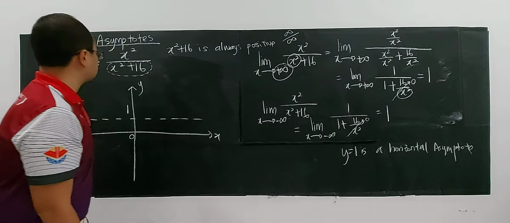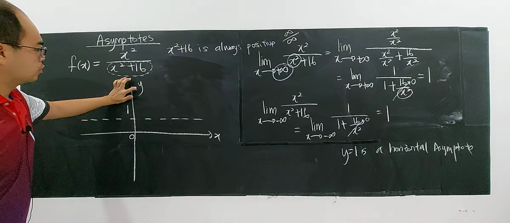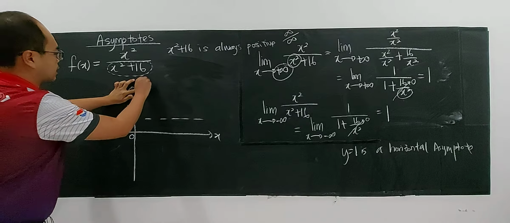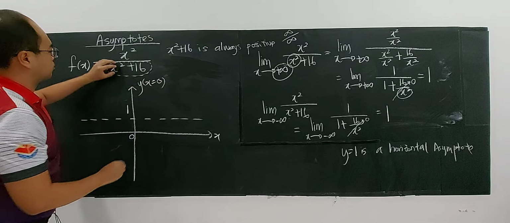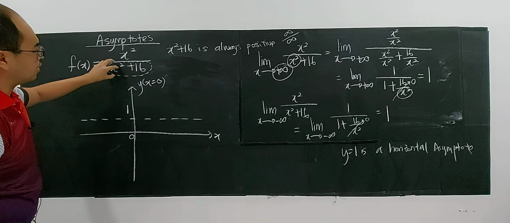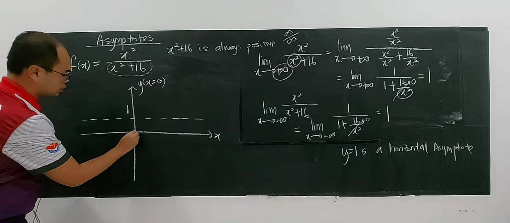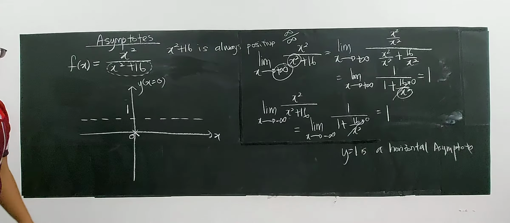Let's see whether this graph has a y-intercept. The y-intercept means x is 0. Substituting 0, 0 squared over 0 plus 16 gives 0. So the origin will be your intersection point.